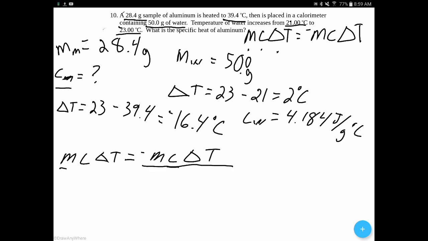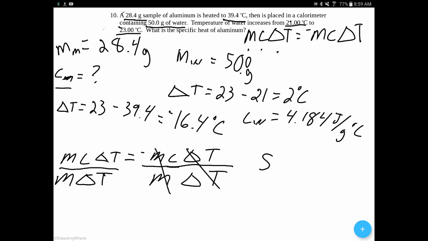So we divide both sides by M and ΔT. So M and ΔT over here cancel out, and we are left with MCΔT of water divided by MΔT of metal equals negative C of metal. So now we just plug everything in.